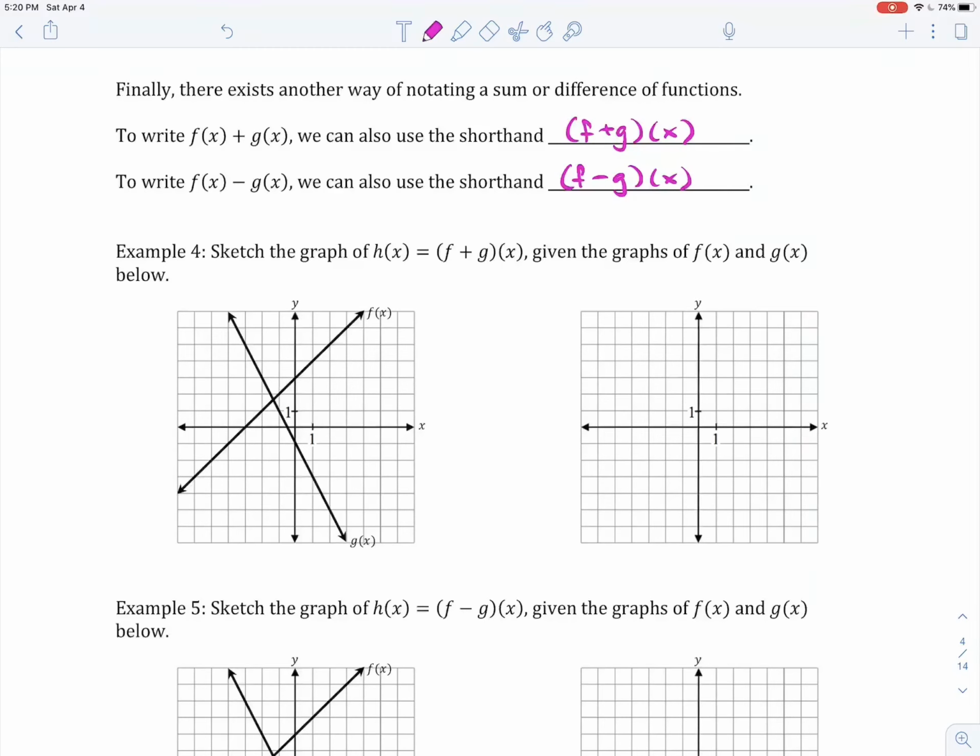I'll do it now. A line plus a line is a line? What madness.